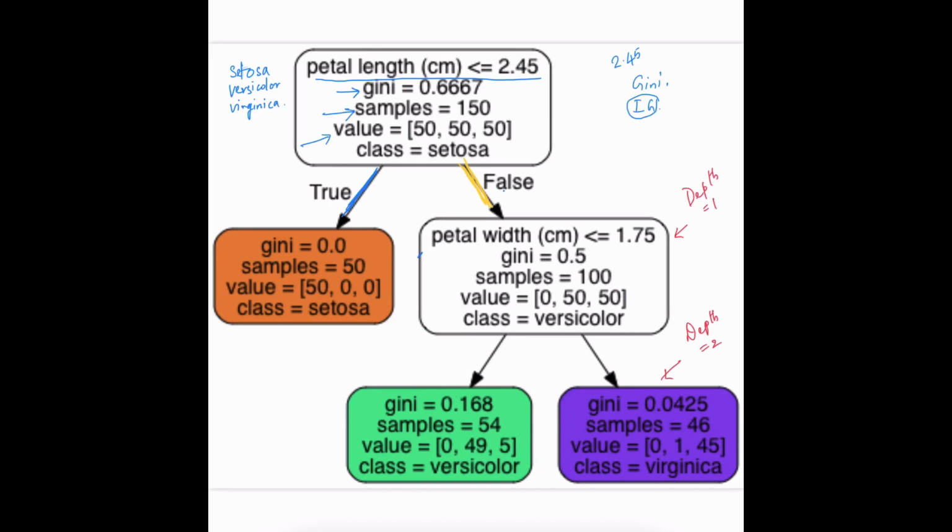Right, so there are 3 different values, and for each of these target class values, there are 50 samples. That is what is indicated by this piece of information here.